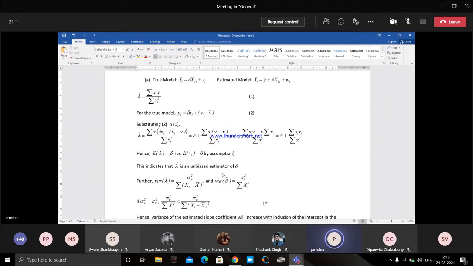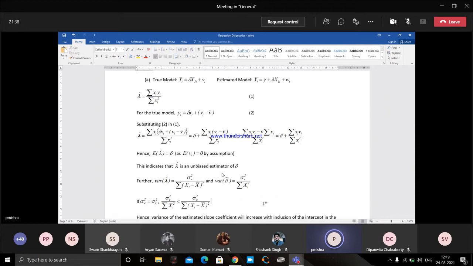Because in one case, in case of V, it would be summation of V hat i square divided by n minus 1. For sigma square hat W, we have summation of W hat i square divided by n minus 2.